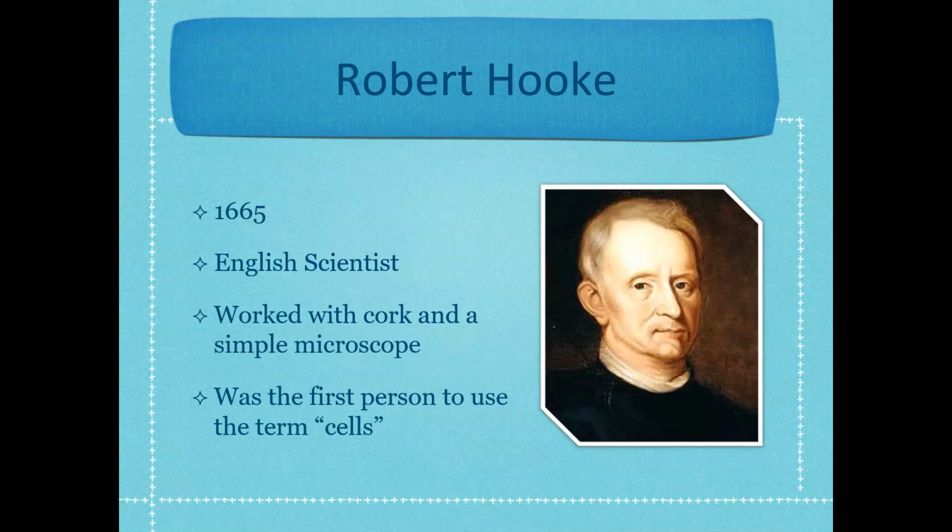And what was it that those monks' rooms were called? Cells. And so he used that term cell to describe what he was seeing under the microscope, and the term kind of stuck. So he is the first one to have given these things under the microscope that he was seeing the name cell, and we still use that today.